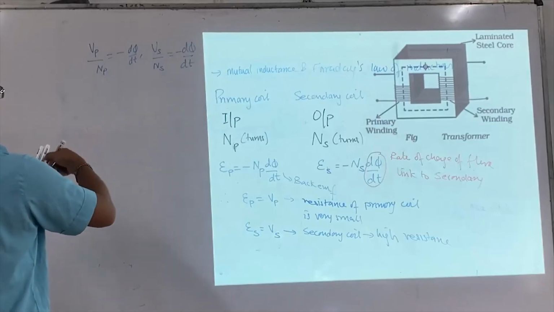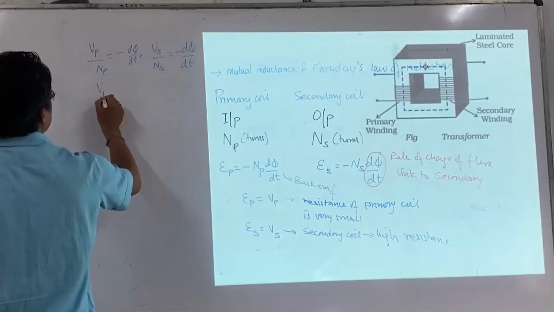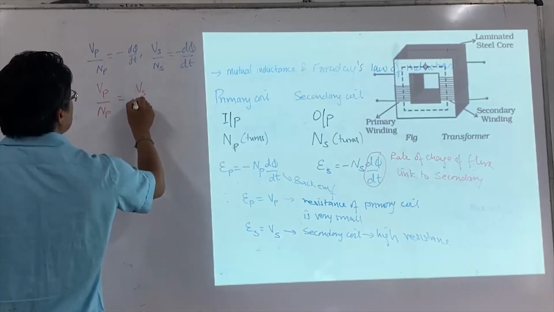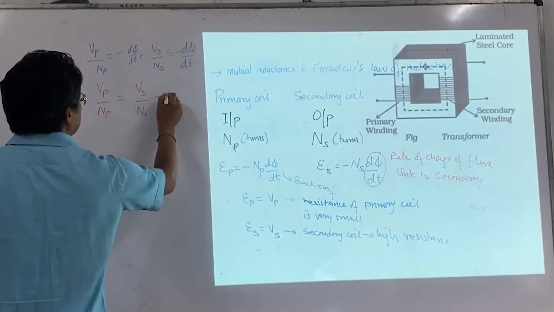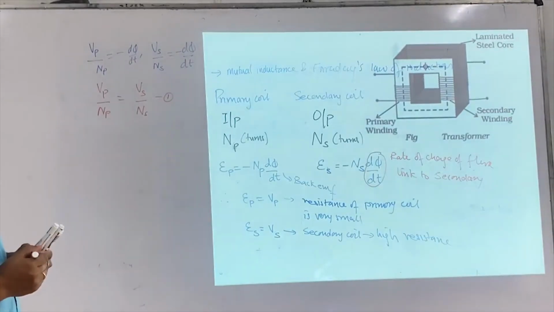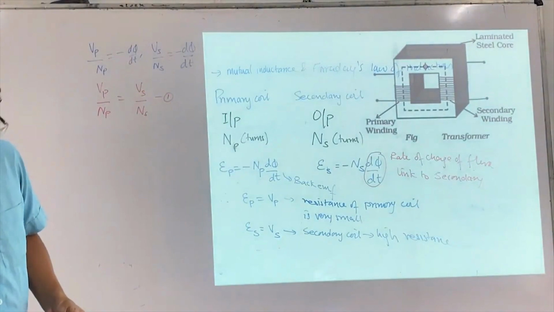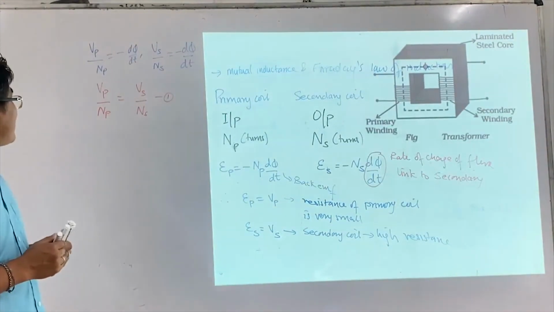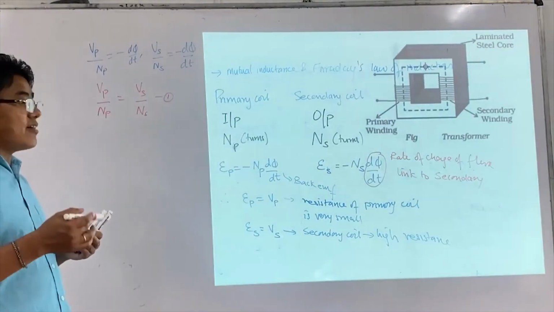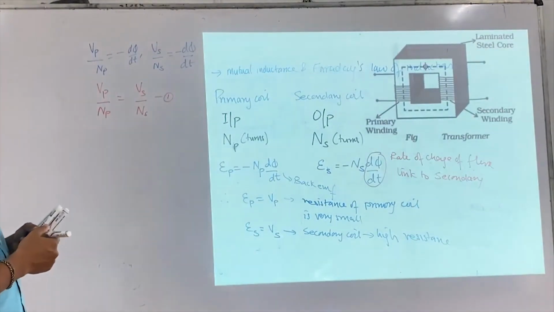I equate these two equations, and finally I get Vp divided by Np is equal to Vs divided by Ns. This is one equation. This is how I relate voltage and number of turns.